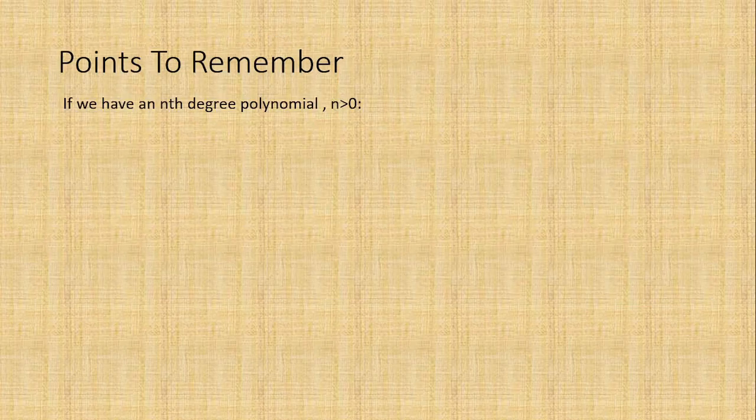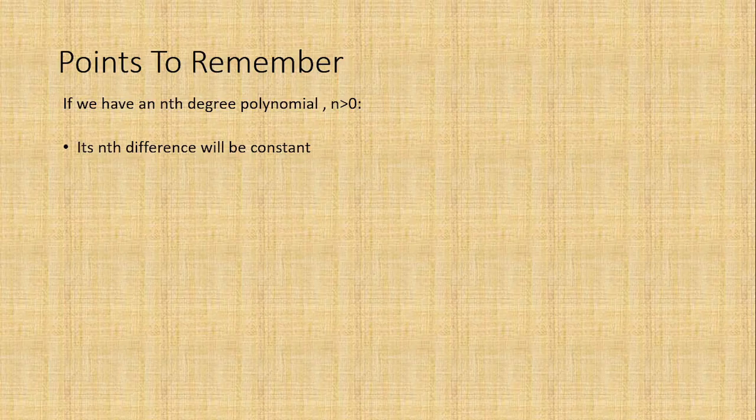If we have an nth degree polynomial where n is greater than 0, that means it should not be a constant term. So we are not talking about y is equal to 3 or y is equal to 5. We are talking about the polynomials which have at least a degree of 1. So if we have a degree n polynomial, then what things would be valid?